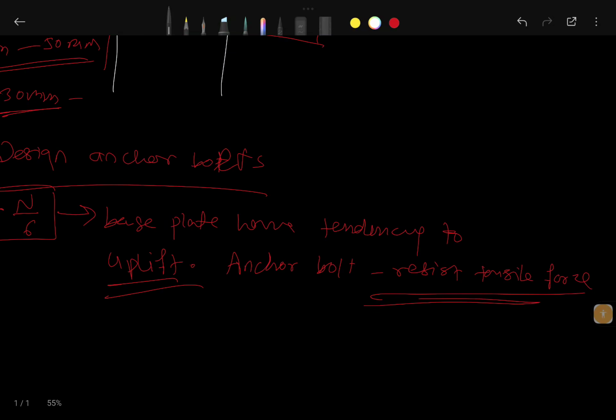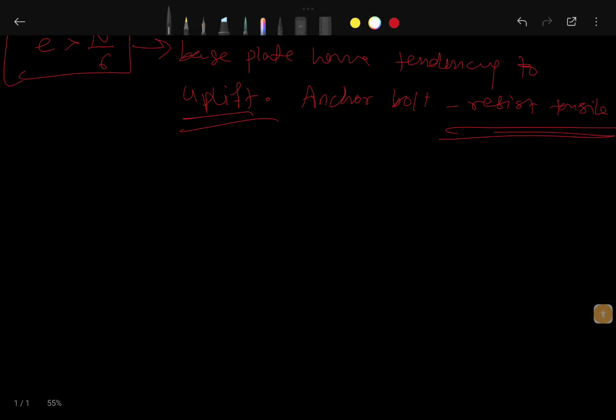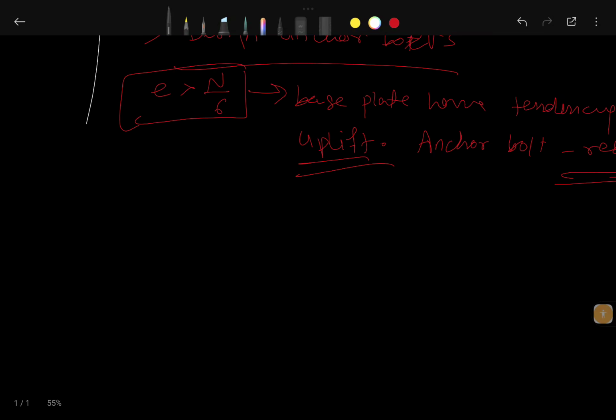Now determine tensile force in anchor bolts. So let's start.